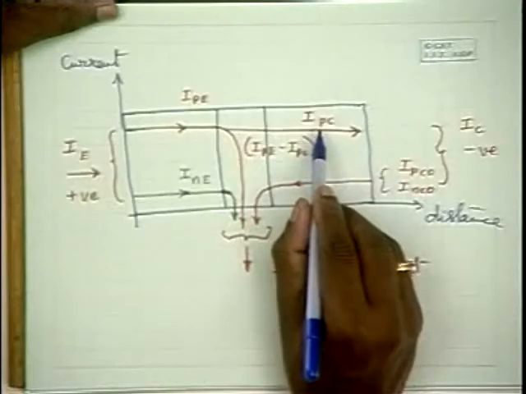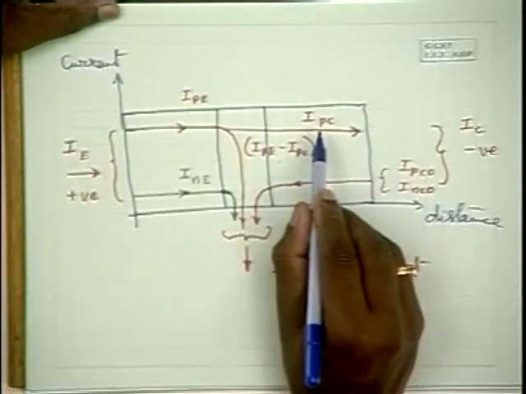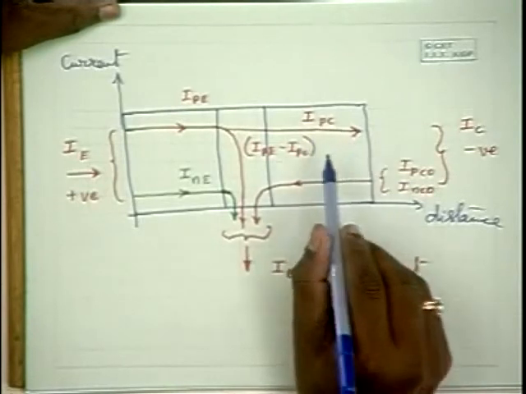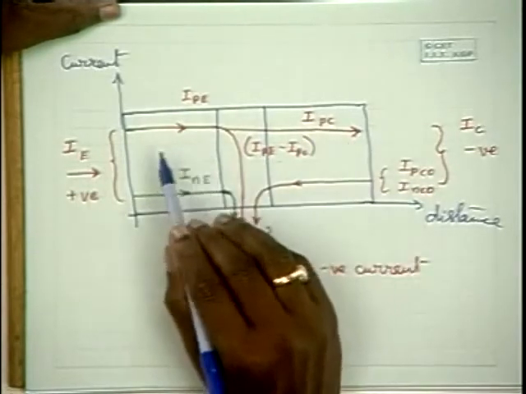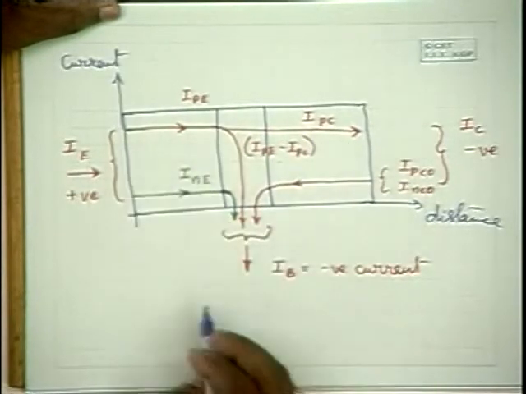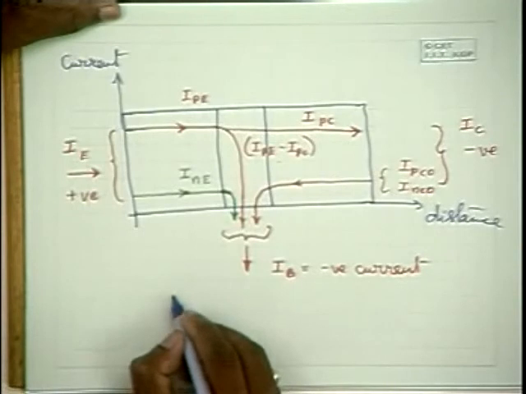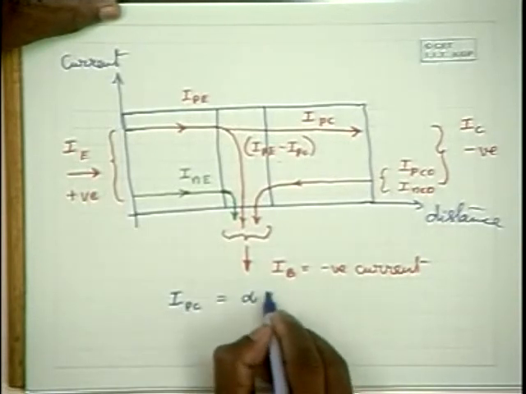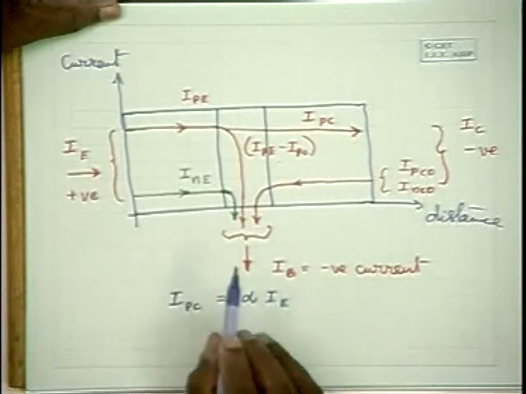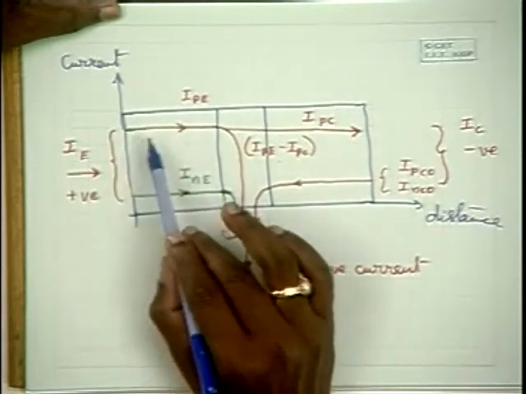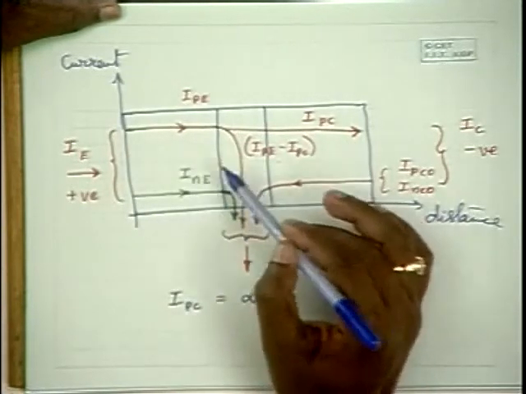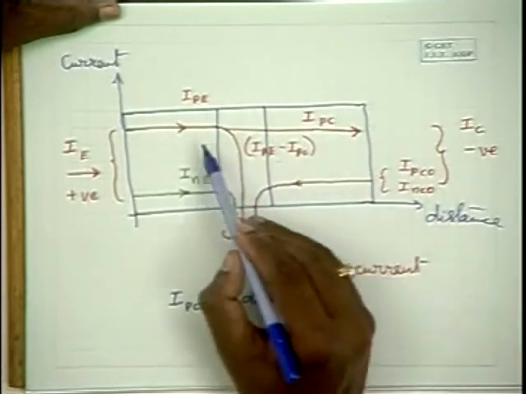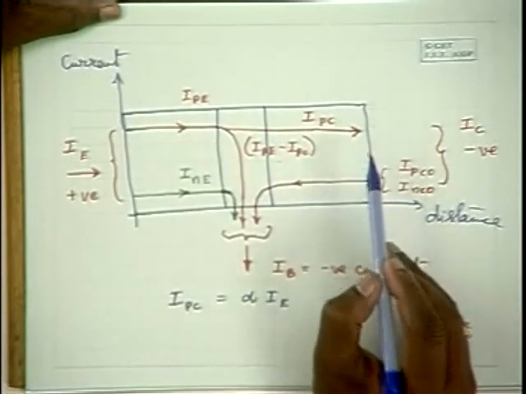Expressing the collector current, this IPC, as alpha times IE, because a fraction of this gets diverted into the base, and most part of it goes into the collector.